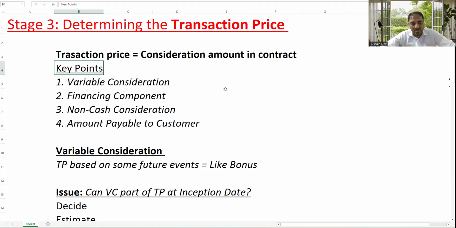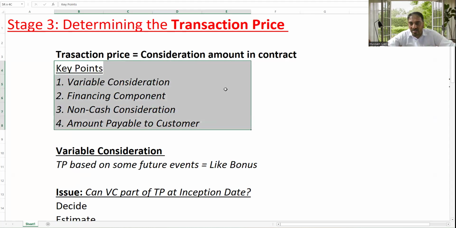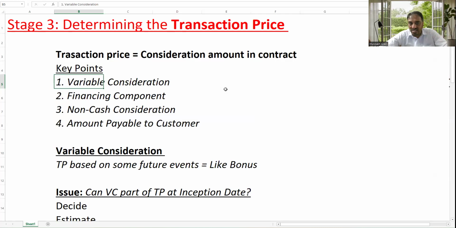Here students, the critical point to cover, that's the complexities. There are 4 points: variable consideration, financing component, non-cash consideration, and amount payable to customer. So let's start the discussion with variable consideration. Once again, with transaction price, one complication we are discussing here is variable consideration.